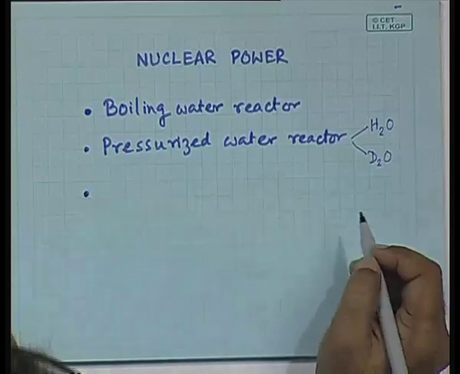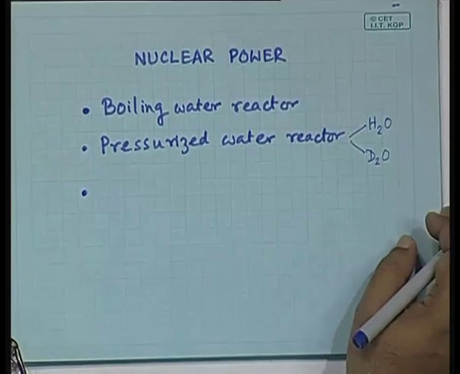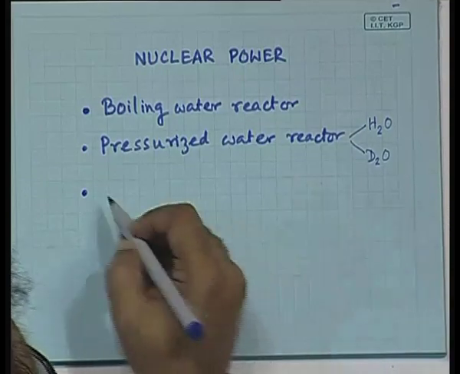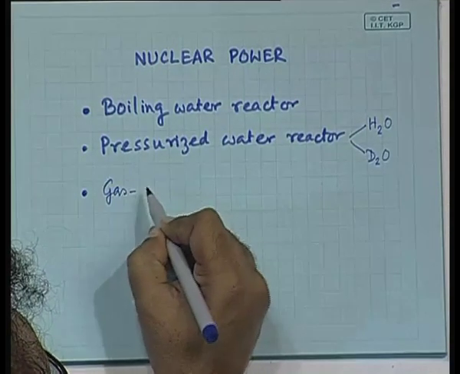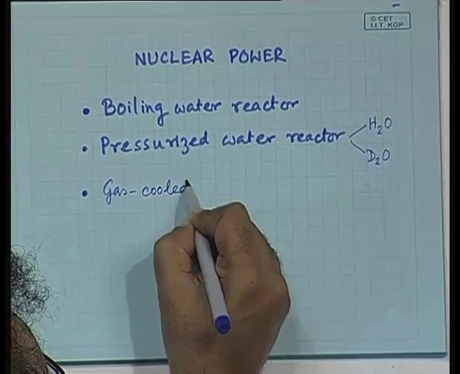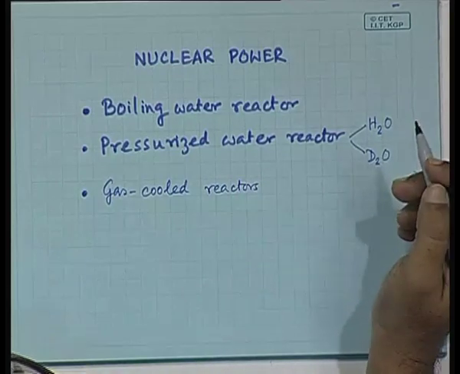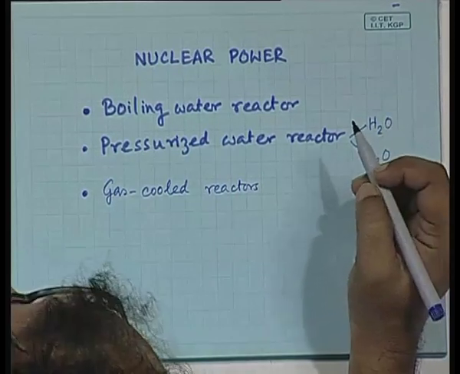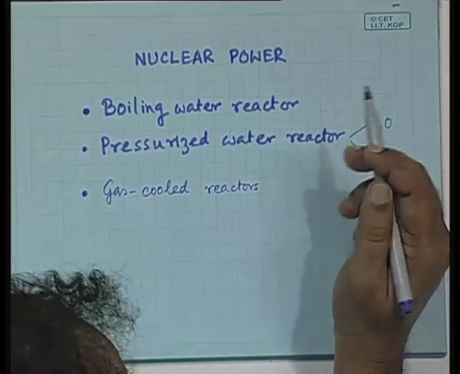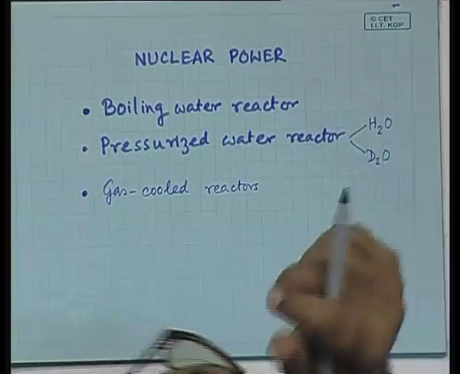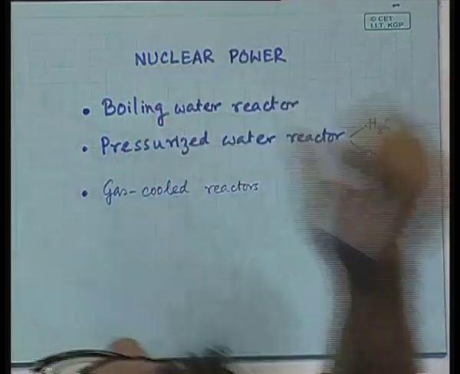Then we have the gas cooled reactors, where the moderator is graphite. So, you have the situation where graphite is the moderator and you have some inert gas working as the coolant.